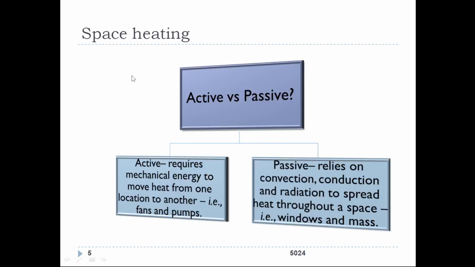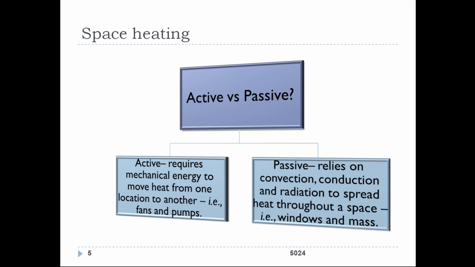There are two different methods of space heating, known as active and passive. What is the difference? In active, you require some external energy to run the fans or pumps to maintain the circulation of hot air. There should be some active component, some external energy required to maintain the flow in these devices.